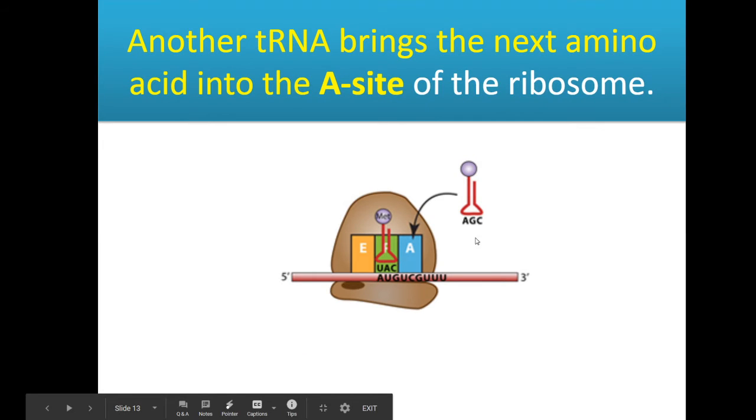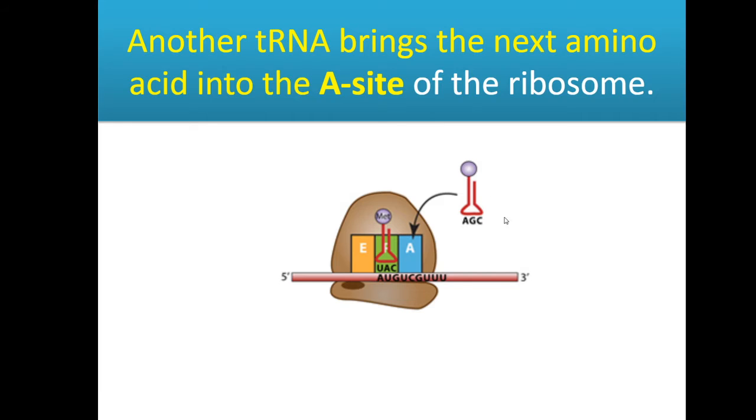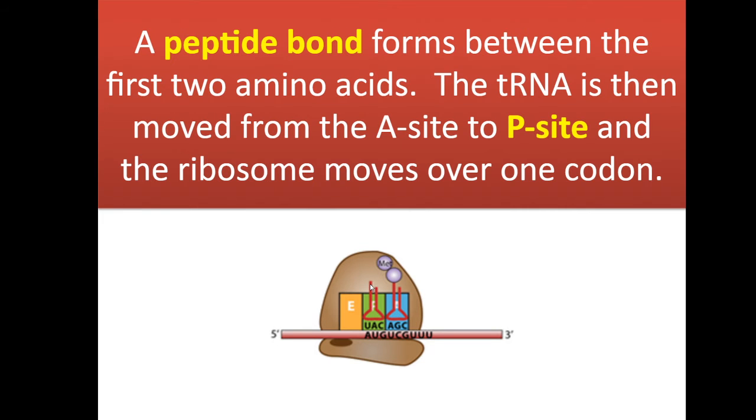Now, from there, the next matching transfer RNA will be brought into the A site, matching the next three-letter codon on the messenger RNA. Once that happens, the amino acid chain is going to be moved over one from the P site to the A site, and then the entire thing will shift down.